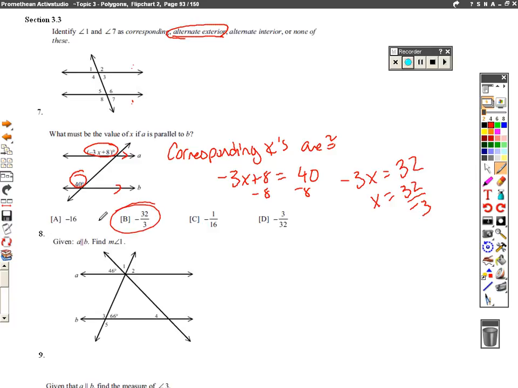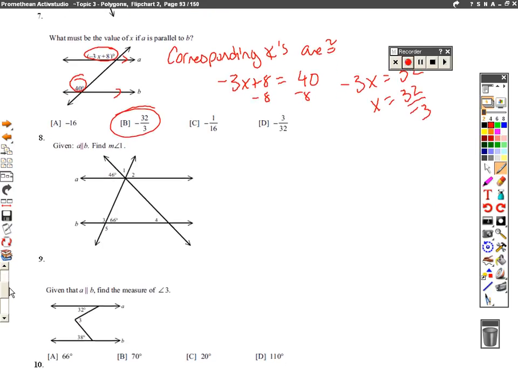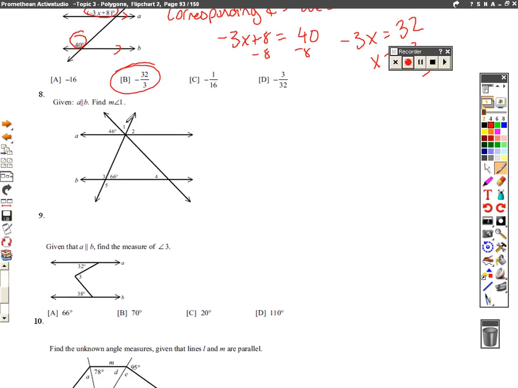Alright, number 9. Given that line A is parallel to B, we want angle 1. Okay, so these two lines are parallel. There's a lot of stuff we have to go through to get this. If these two lines are parallel, this angle, 46, corresponds with 4. So 4 is also 46. Alright.